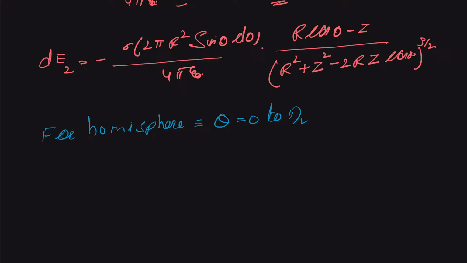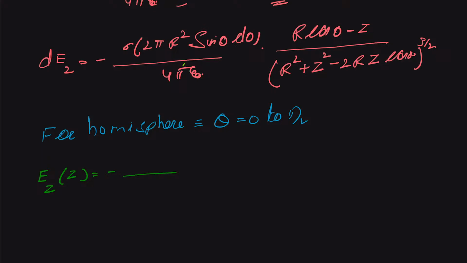It is only left with integration, so we get the electric field along the z direction, E of z, equal to minus.